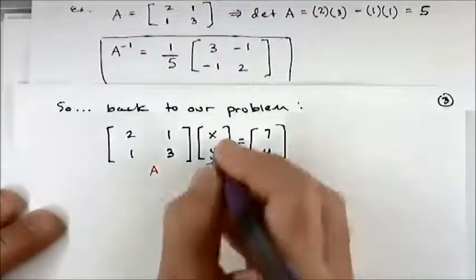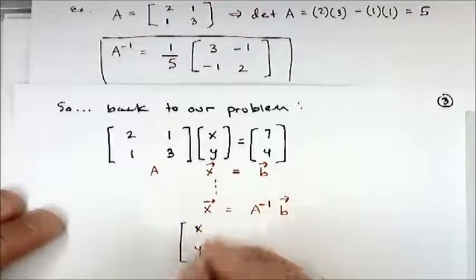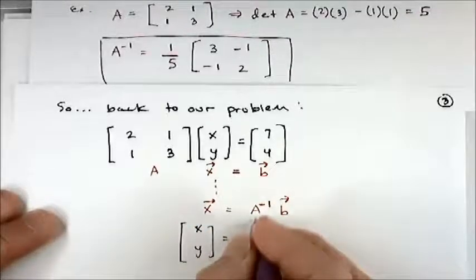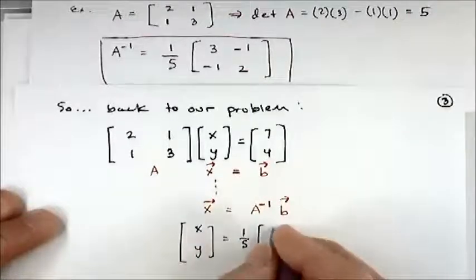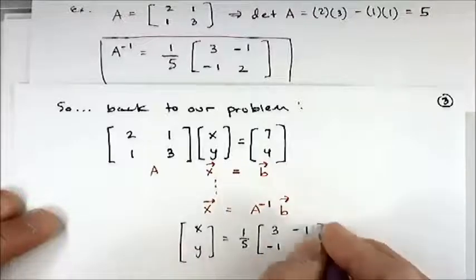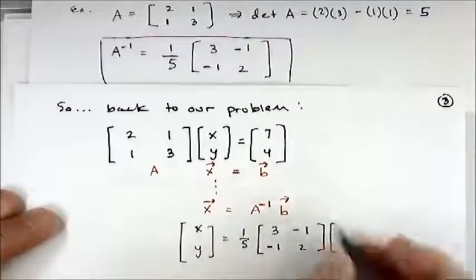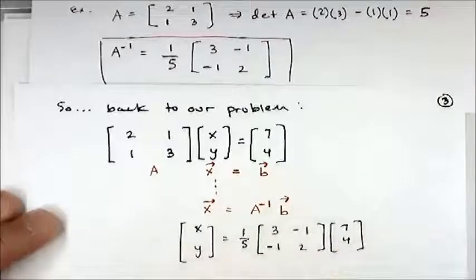Now remember, X stands for X and Y. So we'll have X, Y equals A inverse. We have that right here: 1/5 times 3, -1, -1, 2, times vector b, 7, 4.